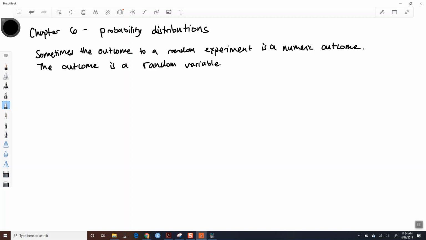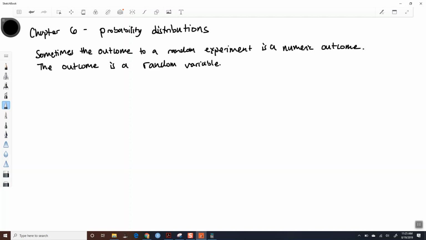So in that case, the number of blue marbles, the outcome to the random experiment, which is a number, can be considered a random variable. And what we have is probability distributions. Distributions that basically tell us which outcomes are more likely than other outcomes. Okay.